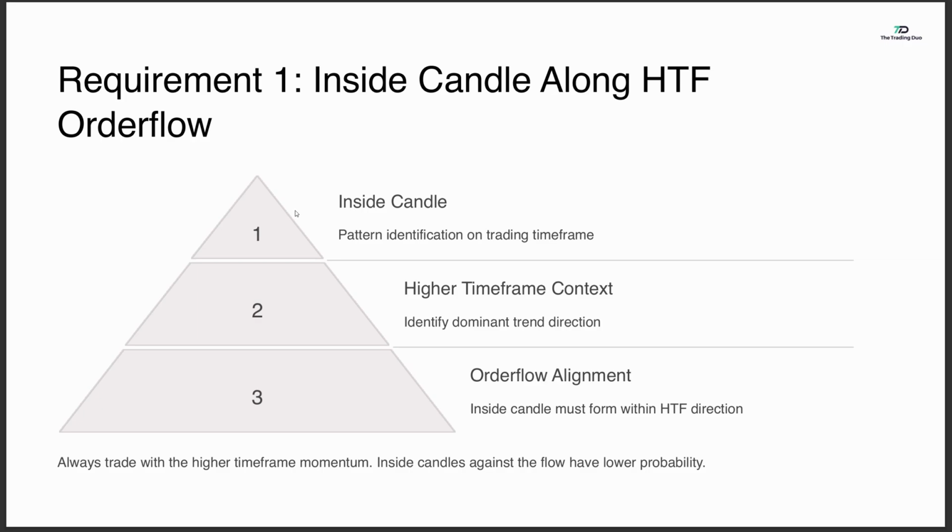The first requirement is we need to spot inside candles along the higher time frame order flow. So if we have a bearish order flow on the higher time frame, we need to spot an inside candle and we're gonna trade it to the downside along the higher time frame order flow.